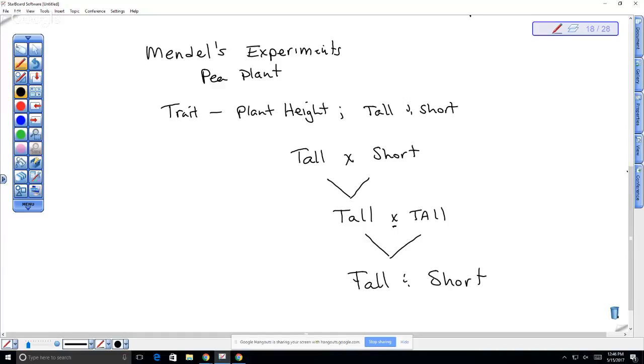So if we go back, this is what is referred to as the parental generation. Okay. And we also say that these parents are true breeding. What that means is that if I planted seeds from a population that is only tall, I will always get tall plants.